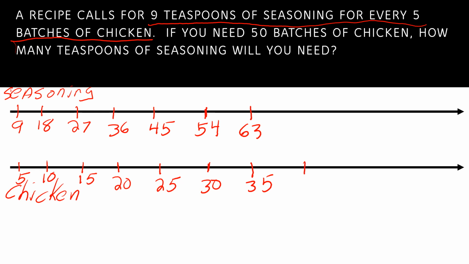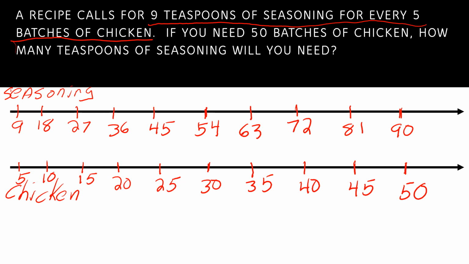If we have 40 batches of chicken, we will have 72 teaspoons of seasoning. If I'm given 81 teaspoons of seasoning, then I know I will have 45 batches of chicken. If I have 90 teaspoons of seasoning, then I know I'll be able to cover my 50 batches of chicken.